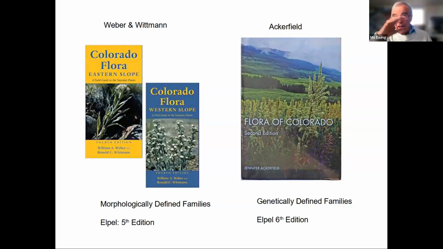And in that edition, the descriptions were all based on morphology, all just plant shapes. But then he ran into the same problem as Ackerfield did, and plants are starting to be moved into the new genetic groupings.